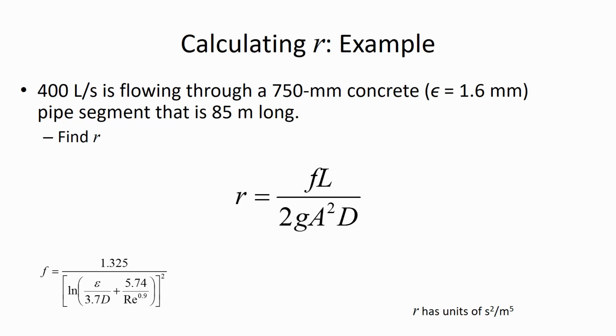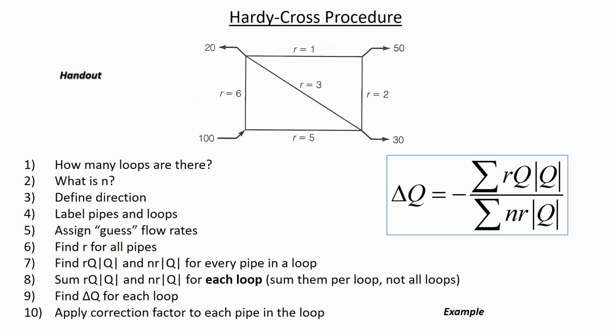So that was just a preamble to something we have to have: we have to be able to calculate R values to do the Hardy-Cross procedure. Okay, so here's a pipe network. You're going to see a lot of diagrams like this, and it's two loops, and the fact that it's loops makes it especially hard to know how much flow is going through each pipe because it's indeterminate.